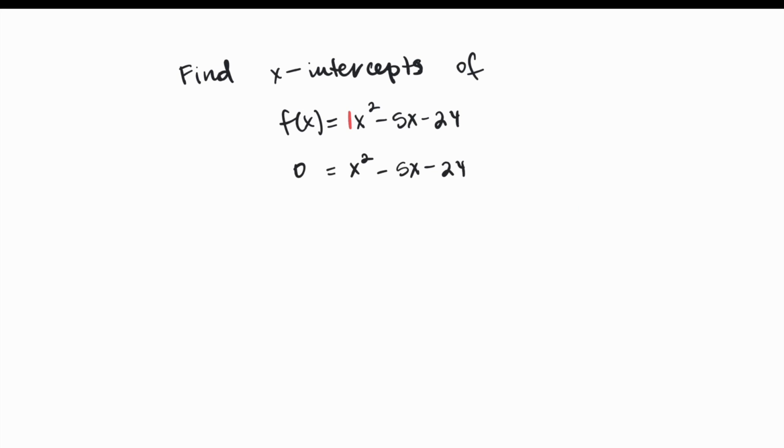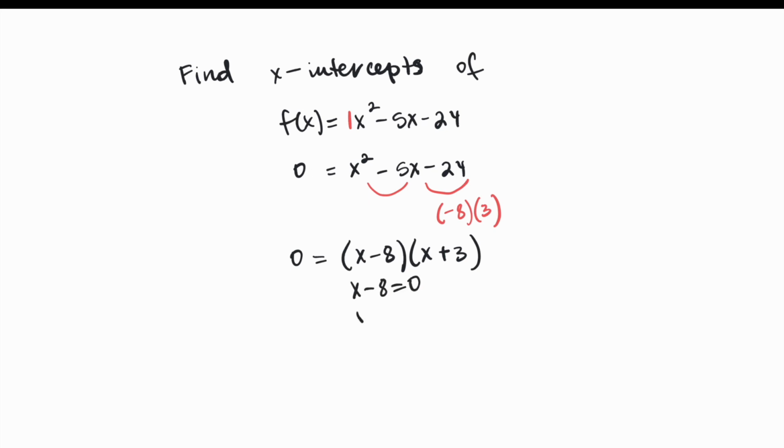Looking at this, it is a quadratic equation. So the factors here are x minus 8 and x plus 3. With this, your first x-intercept is at 8, and your second x-intercept is at negative 3. Sometimes you might see x-intercepts referred to as zeros of the function.